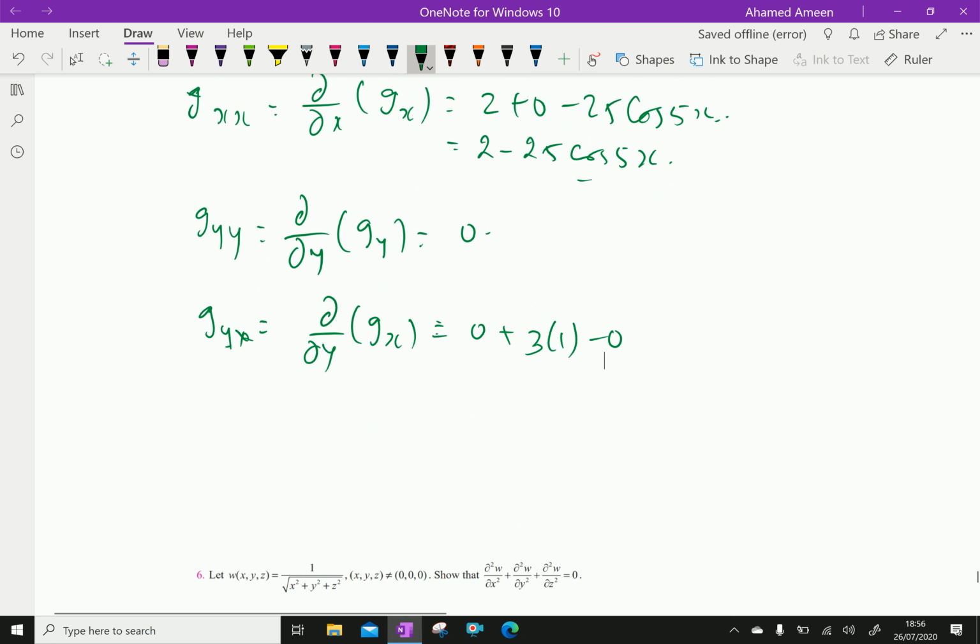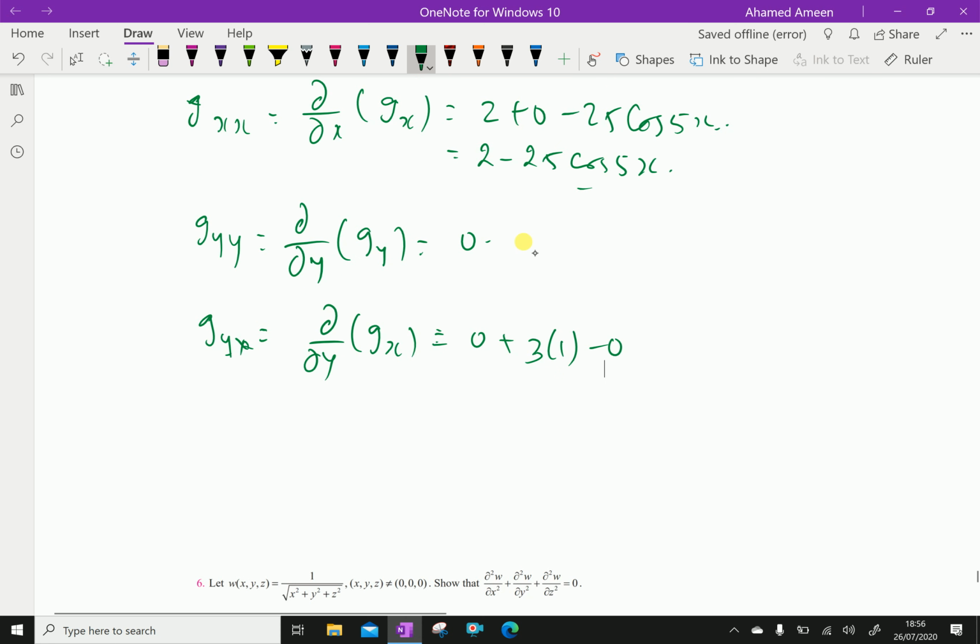Therefore it is equal to 3. That means g of yx is 3. So we got all. We have done.